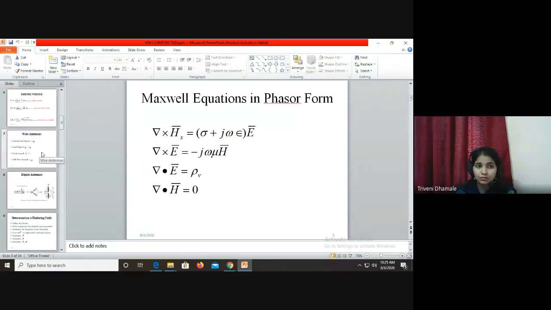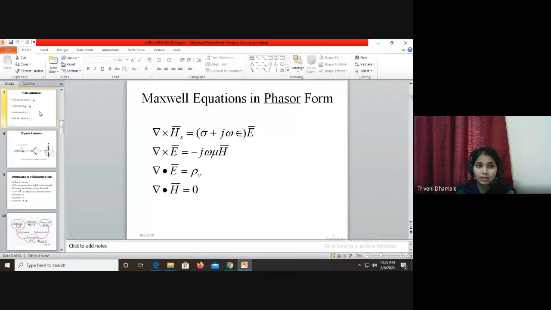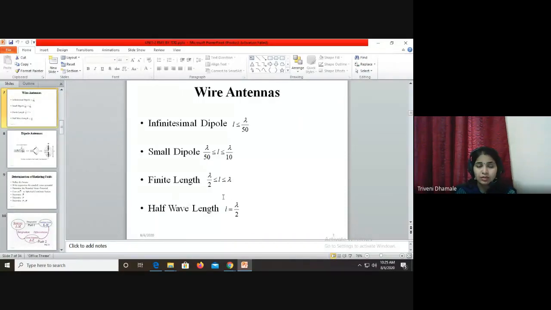Now we will go through antennas first. Listen students, the first basic antenna is your wire antenna. In many applications, there is a requirement to minimize the complexity of the antenna and the geometry to keep the mathematical analysis to a minimum.